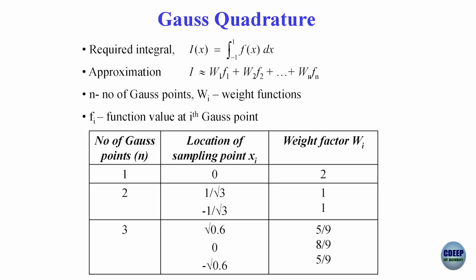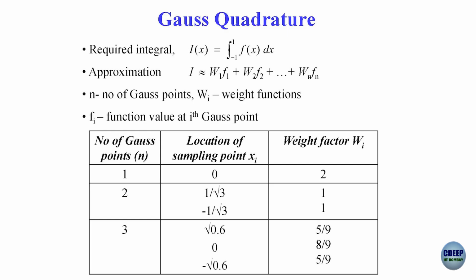So, looking at this approximation approach, he asked the question, which are the points xi where I should sample the function f of x, and what should be the weights, both.